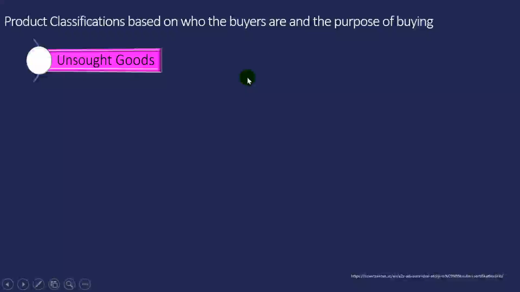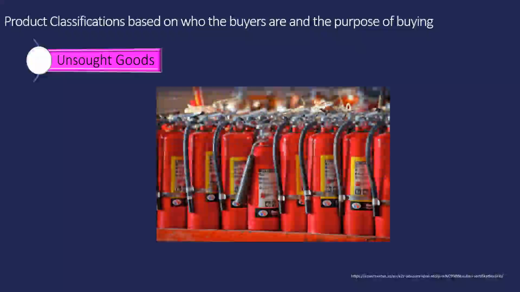For the next, unsought goods. I just have one example here. This one you call a fire extinguisher. The fire extinguisher here is one of the goods that we are not aware of.